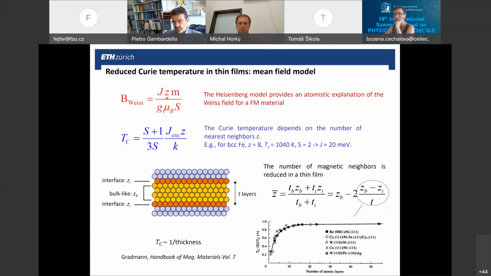And so if the average number of nearest neighbors decreases as it does in a magnetic layer with non-magnetic neighbors or vacuum, then you expect a dependence of the Curie temperature on 1 over the thickness of the magnetic layer. This is, in fact, also experimentally verified in many systems.